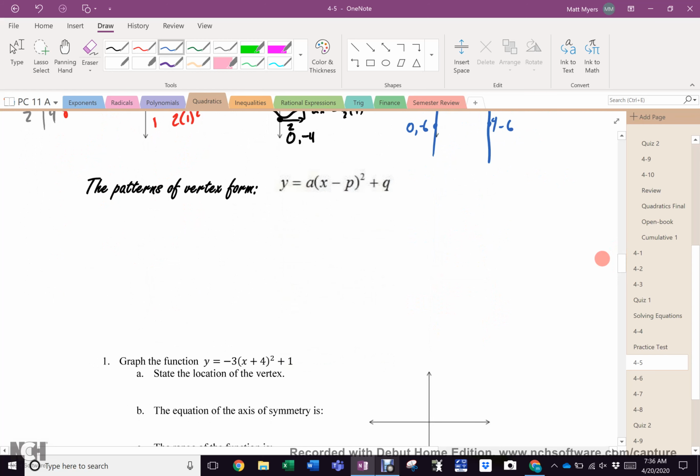Now, let's put all of that together. The A value: when A is positive, that kind of parabola. When A is negative, that kind of parabola. And A changes the stretch.